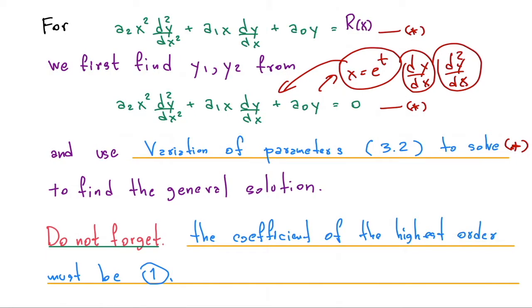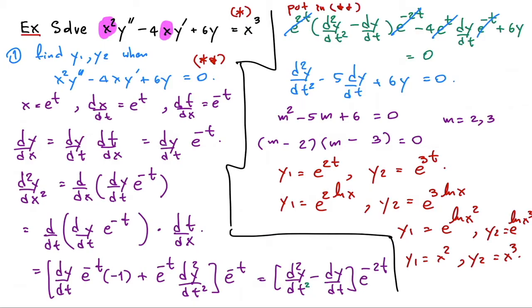But if you look here, you obtain y1 and y2. There's no problem about that. And after that, you're going to be solving this equation using variation of parameters, right? But you can see here, the coefficient is not 1. See, it's x squared.